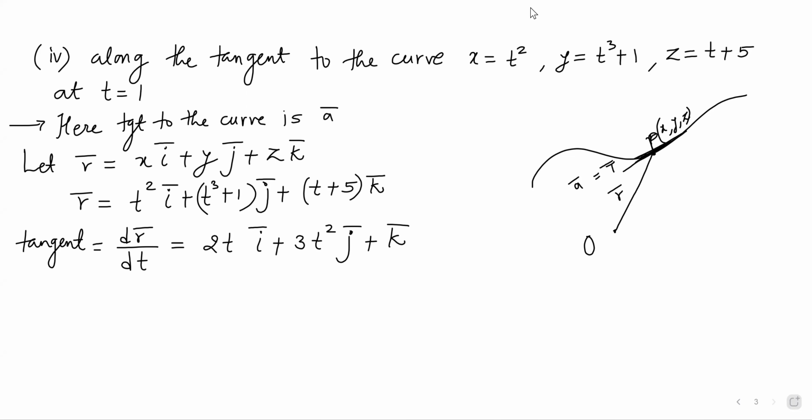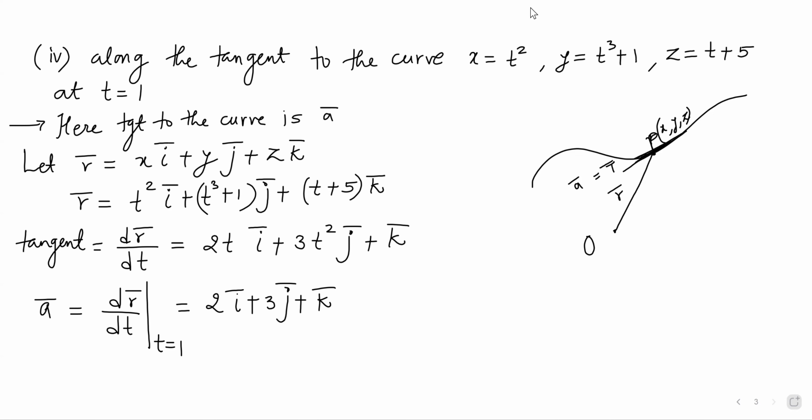Now I have to find the tangent at a particular point t. So dr bar by dt at t equal to 1. This is your a bar. So substitute t as 1. We get 2i bar plus 3j bar plus k bar. Substitute everywhere t is equal to 1. So that is your a bar.